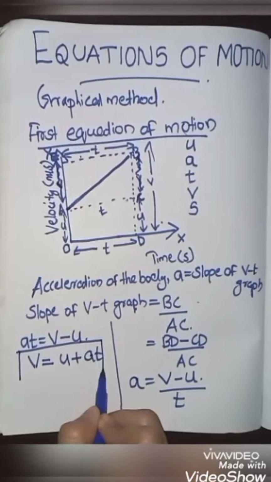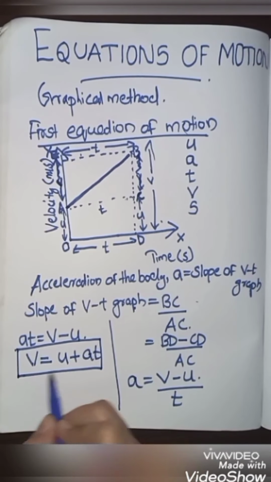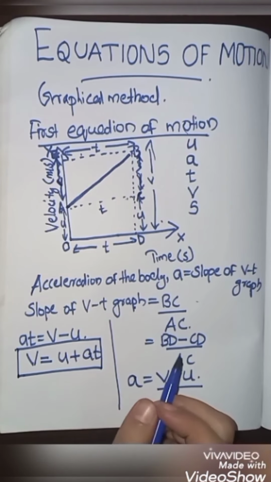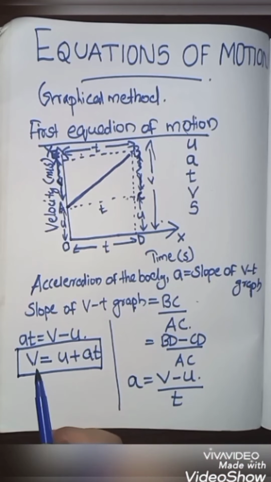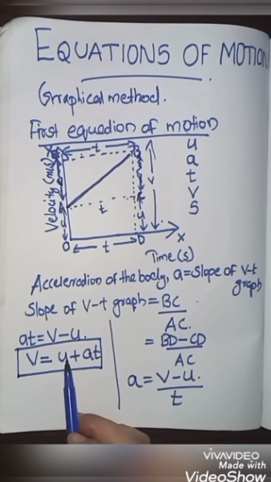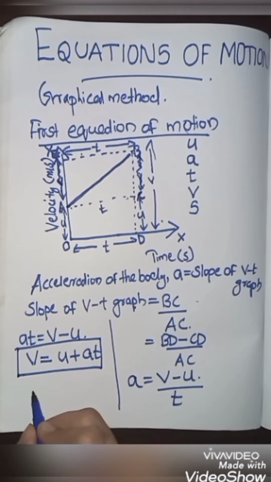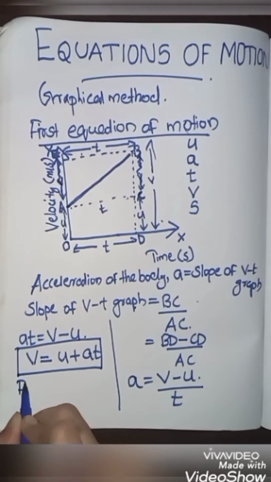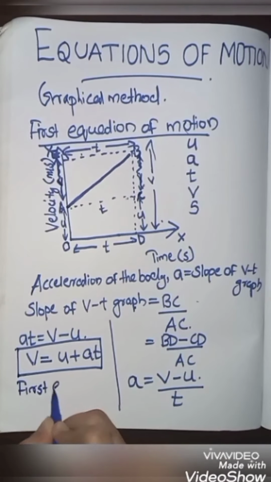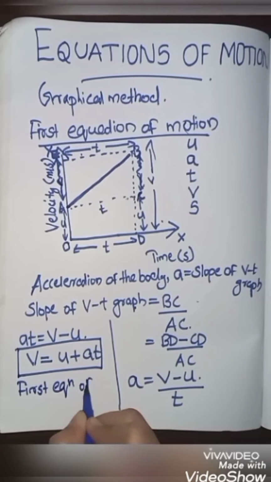This is the first equation of motion. V is equal to U plus AT. It gives the relation between final velocity, initial velocity, acceleration and time. That is, V is equal to U plus AT. This is known as the first equation of motion.